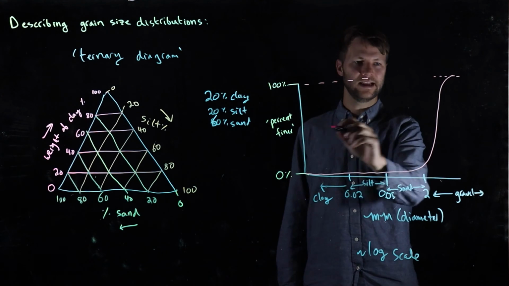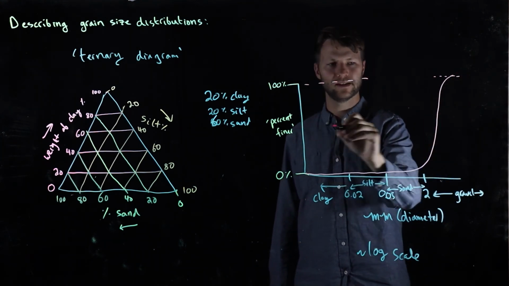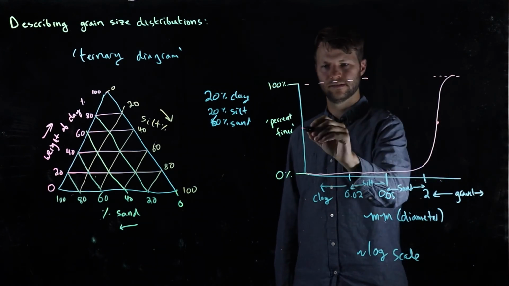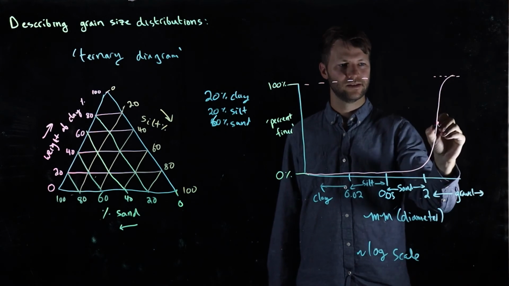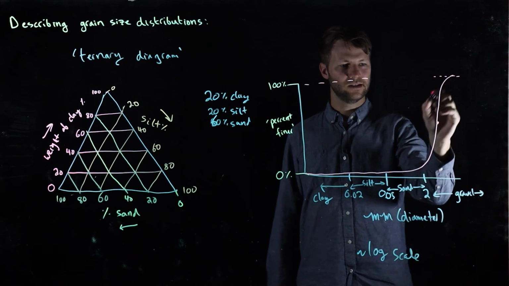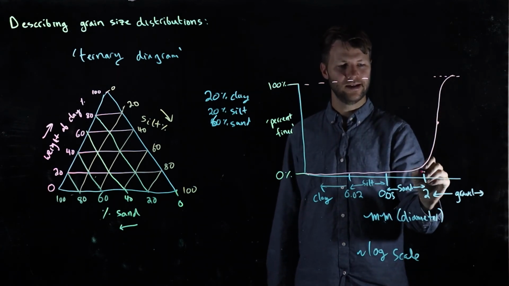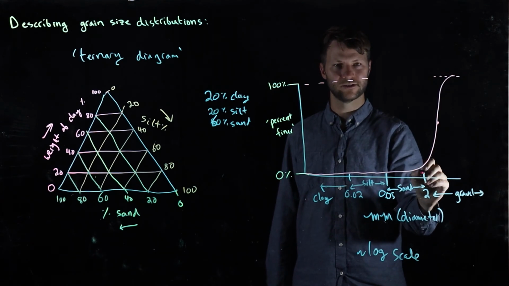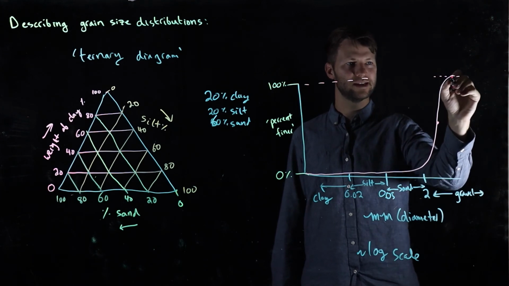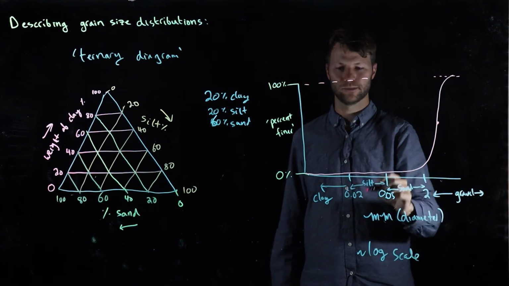And the idea is that at any point on here, what this curve is telling you is that if you were to pick a point here, it'd say 50% of this particular sample has a grain size that's this size or finer. In other words, only about 10% of the sample has a grain size that's finer than gravel. It's a predominantly gravel sample. And then this point here is saying 100% of the sample is this particle size or smaller.